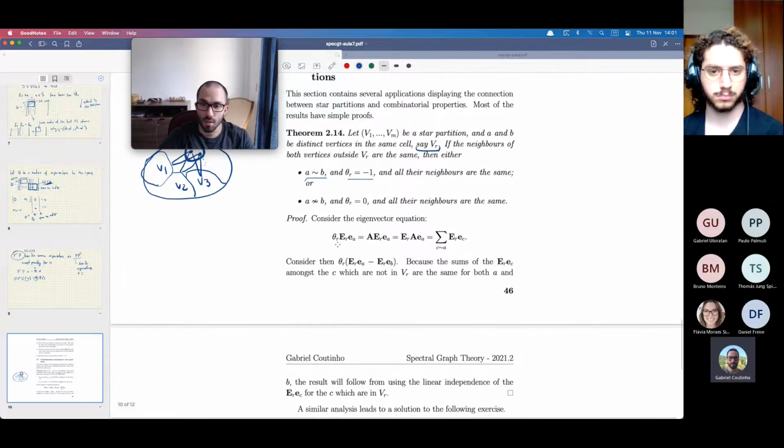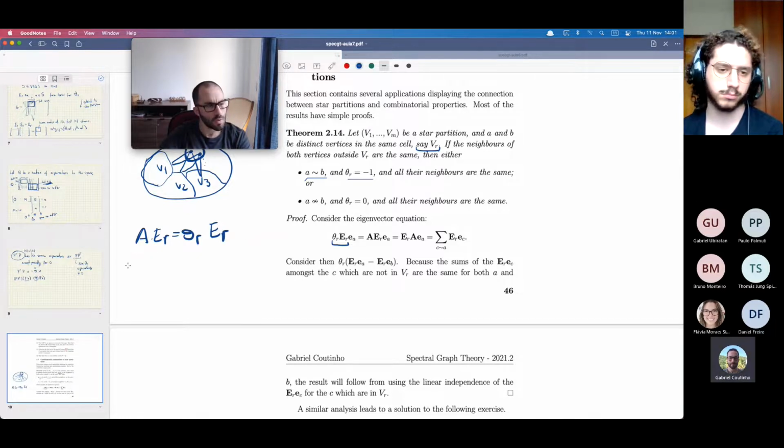So this is the eigenvector equation. All right. What do I mean by that? So A times E sub r is equal to theta r E sub r. All right. Is this easy?